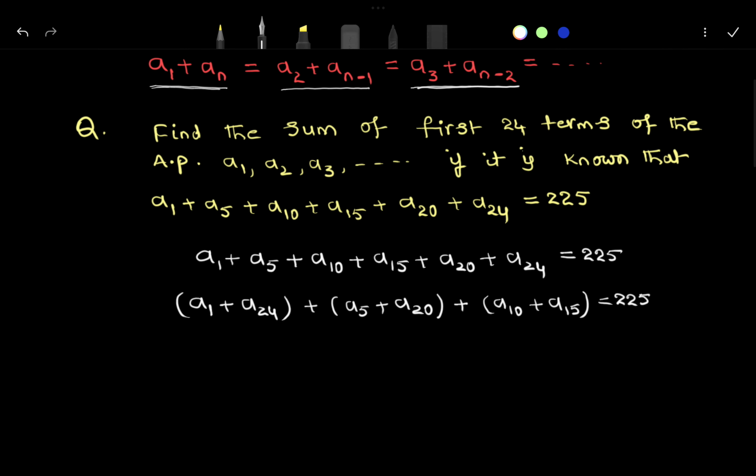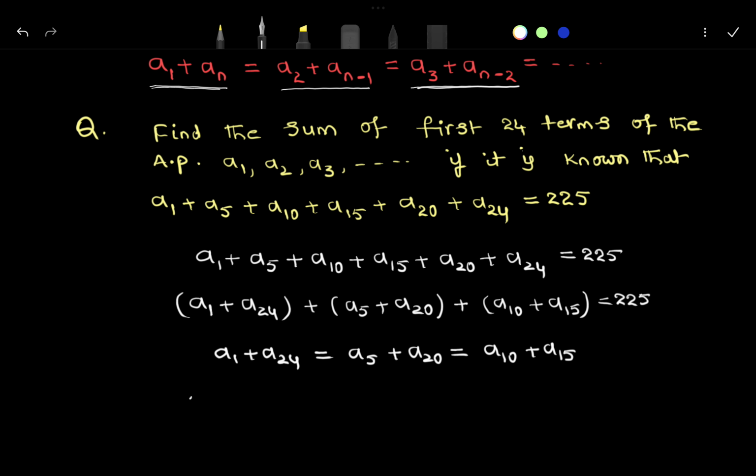So from the above property, a1 plus a24, the first and last term, will be equal to a5 plus a20, and this will be equal to a10 plus a15. These three values are equal.